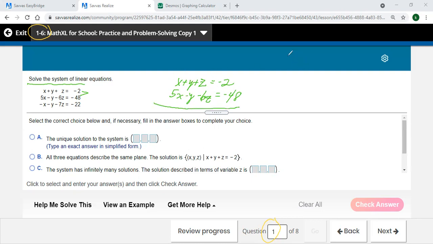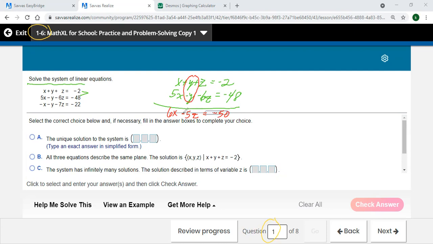And you see right here, these y's, if I add these together, they're going to cancel out. So these two y's adding together are positive and negative. X plus 5x, I'd have a 6x there. And positive z, -6z combined would be like a -5z. So by doing this, and when I add this, I've got a -50 over here.